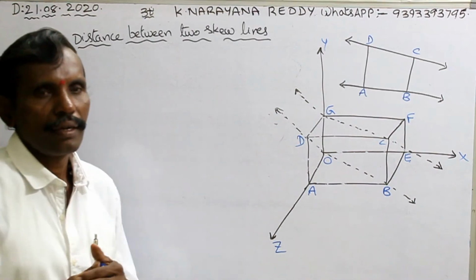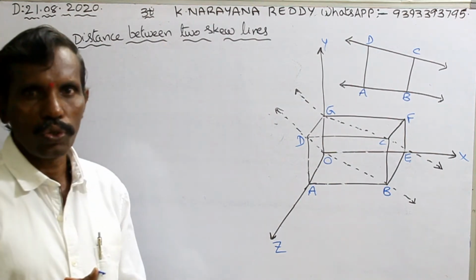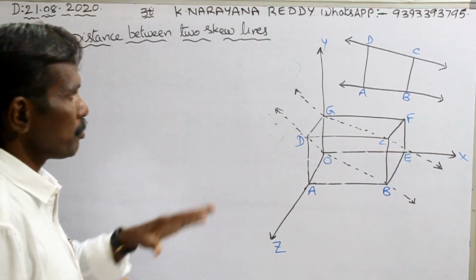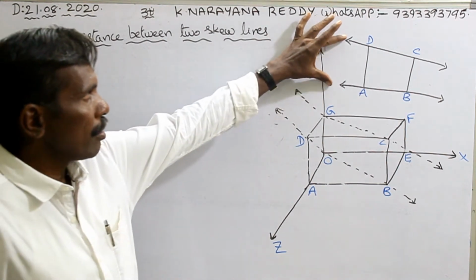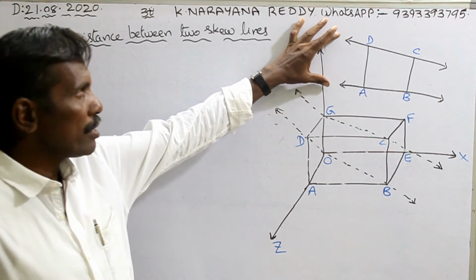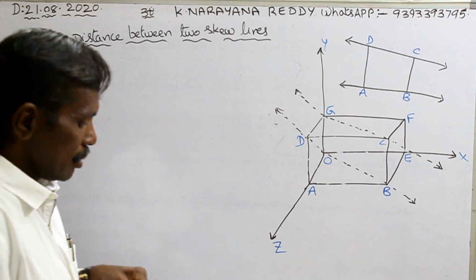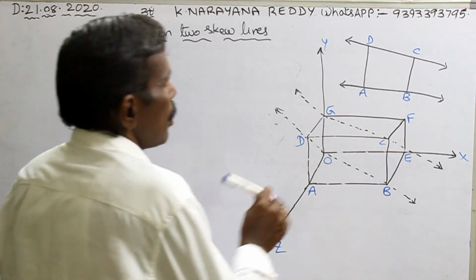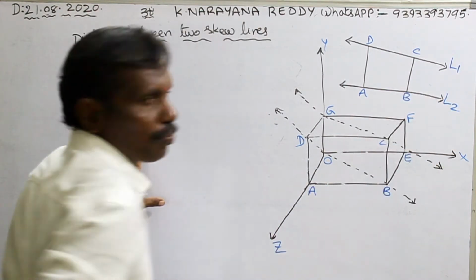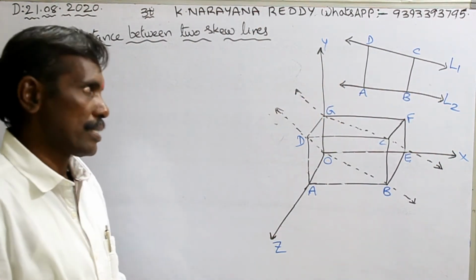See here, how to find the distance between two skew lines. Very important, this one. Please observe here. These are skew lines. That means a pair of skew lines are two skew lines. That means this is L1 and this is L2. L1 and L2 are two skew lines.